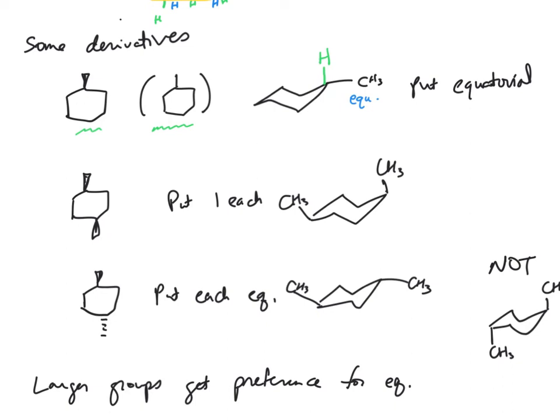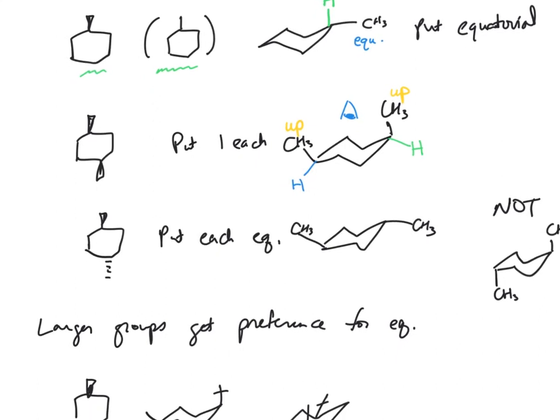So here you've got your eye pointed toward the ring, and what you're asking yourself is whether these are up, up, or up, down. In this case, you have two up methyl groups, because they're both pointed toward you.